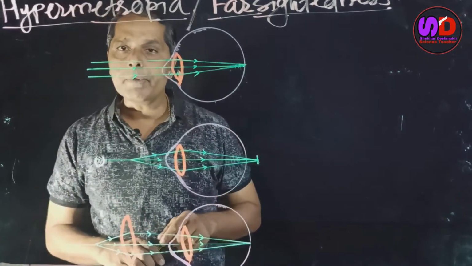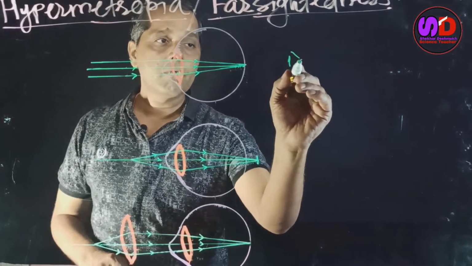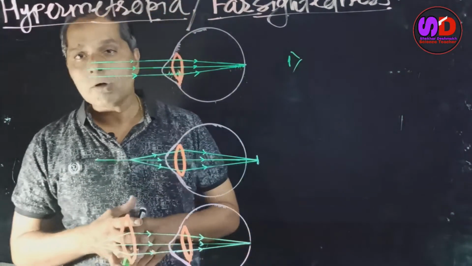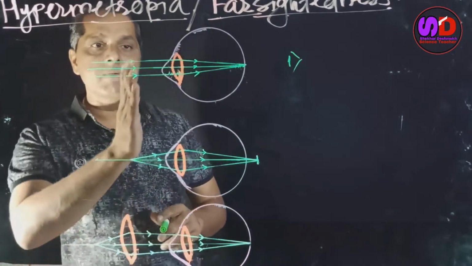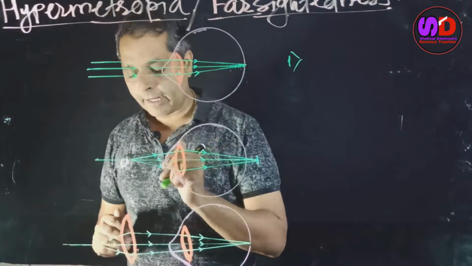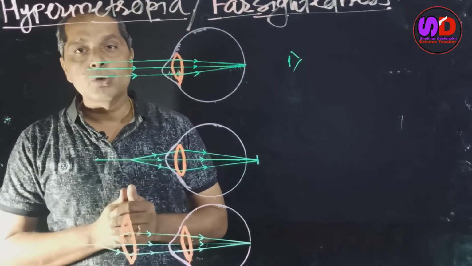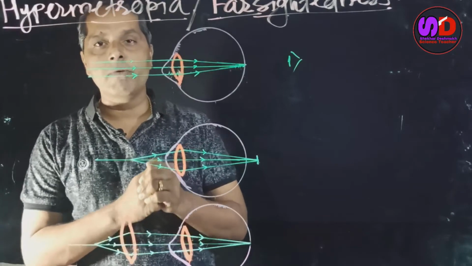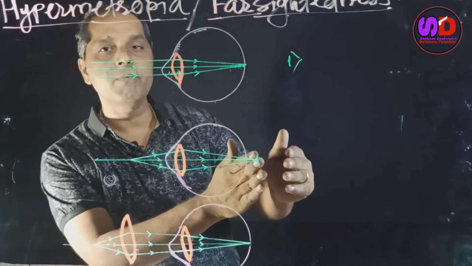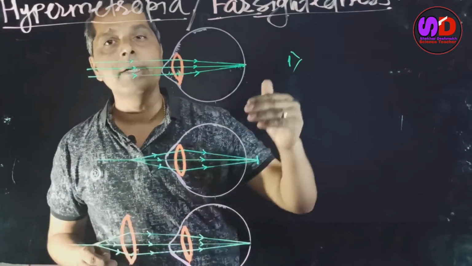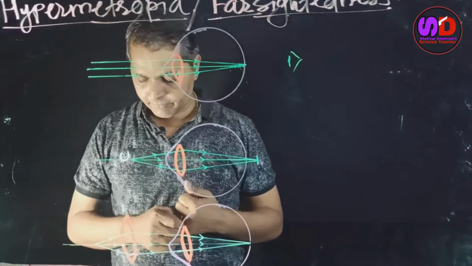So why does this happen? Again, two possible reasons. What are these two reasons? First reason: the curvature of the cornea and eye lens decreases, so that the converging power of the eye lens decreases, and therefore the image of a nearby object is formed behind the retina.